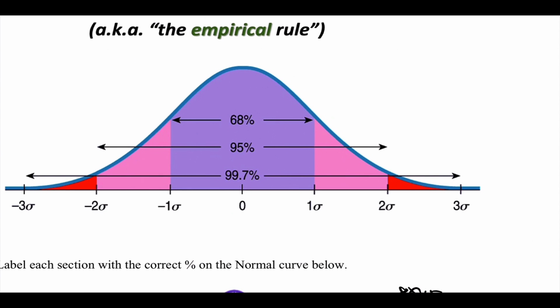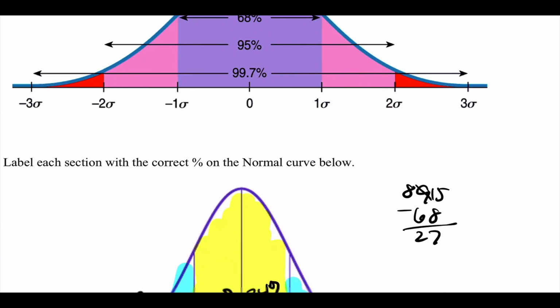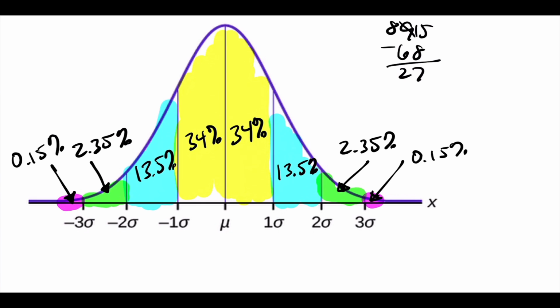If you just had this guy, it would take you a while to do the pink and the red and that color out there. But here, oh, 13.5, 2.35, 0.15, you add it up, you got it. Okay? You'll see when we do.